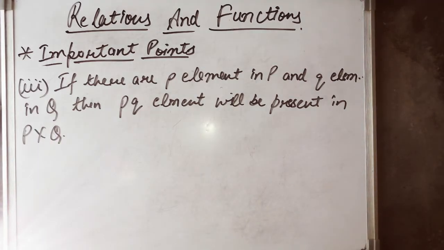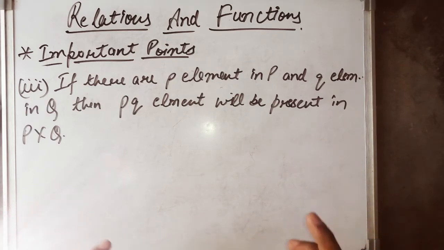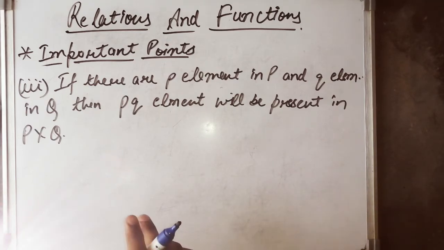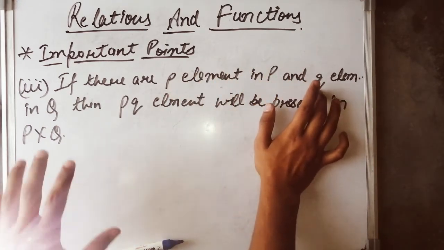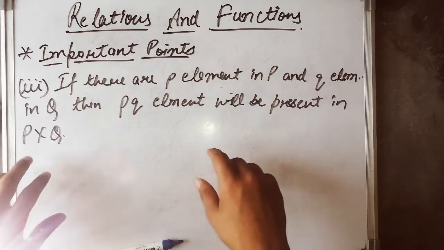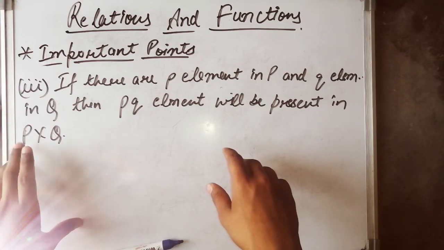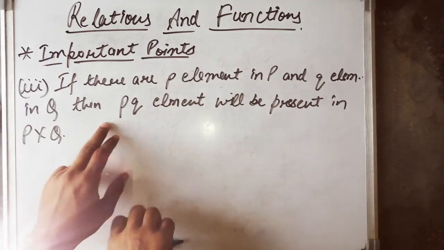Let's read the third point. If there are p elements in set A and q elements in set B, then pq elements will be present in A cross B. It means that we have p number of elements in set A and q number of elements in set B. When we need to find the Cartesian product of these two sets, we will have pq elements.